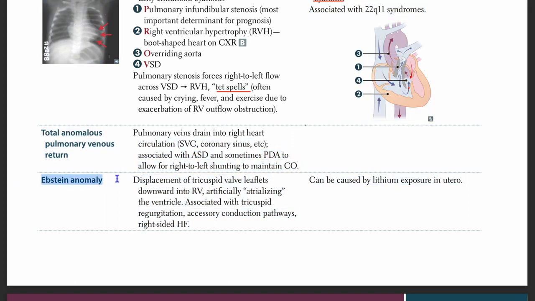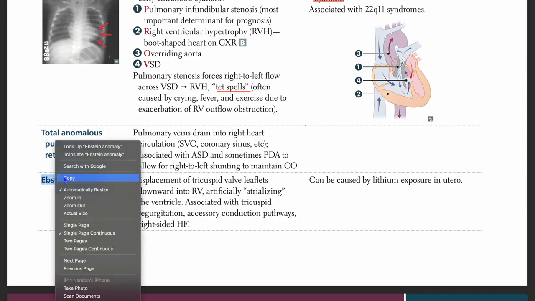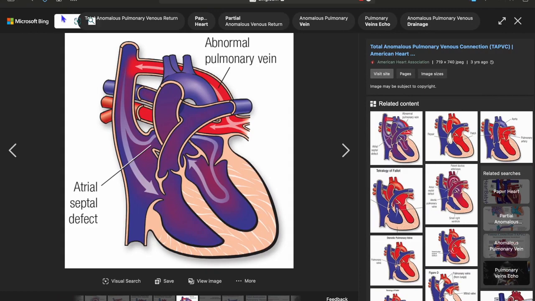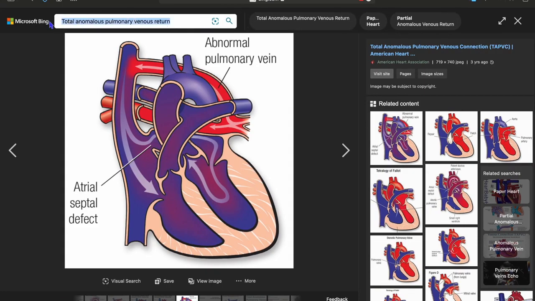Ebstein anomaly, displacement of tricuspid valve leaflets downward into right ventricle, artificially atrializing the ventricle, associated with tricuspid regurgitation, accessory conduction pathways, and right-sided heart failure. So we already went over this, but I'll show you the photo for this as well.